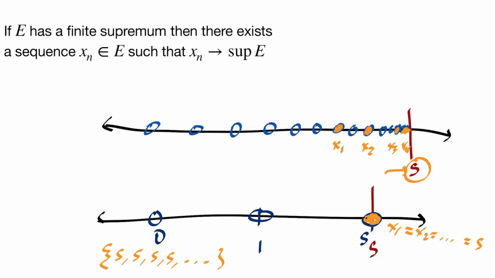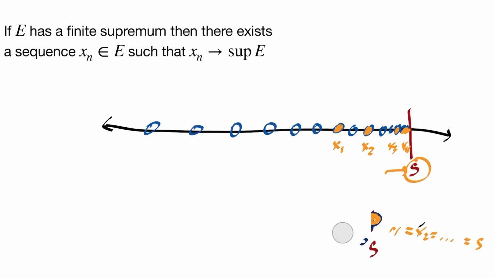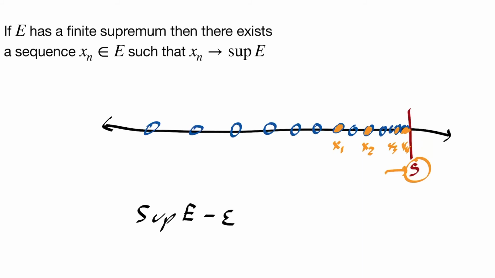But how do we go about proving this? Well, the way we're going to go about proving this theorem uses one of the things we did last time, and that is the theorem from last time, which said if you have a supremum S and you have a set E, then you take the supremum of E, which is that S, and subtract any little epsilon amount from it.